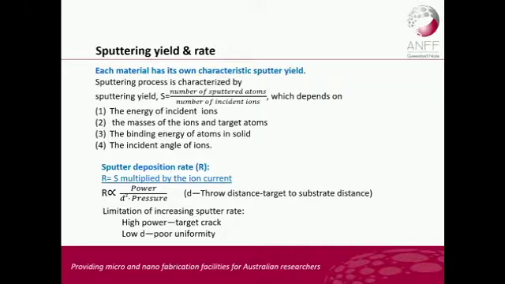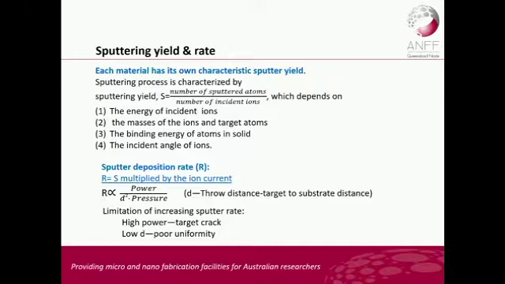Another topic is the sputtering yield or sputtering rate. When you do sputtering, you care about the sputtering yield and sputtering rate. Everybody wants a very fast sputtering rate. The concept of sputtering yield is a little bit different from the sputtering rate. Each material has its own characteristic sputtering yield.